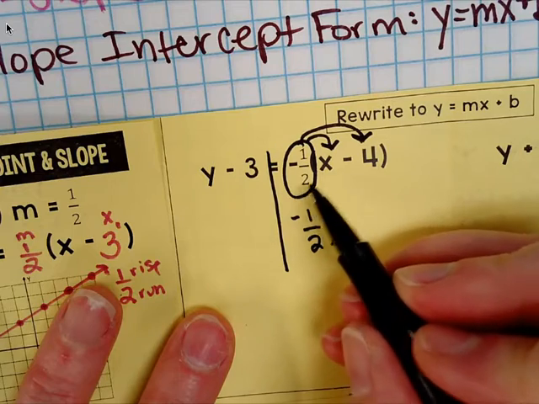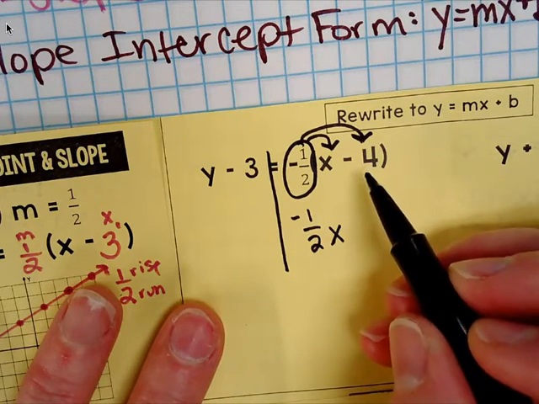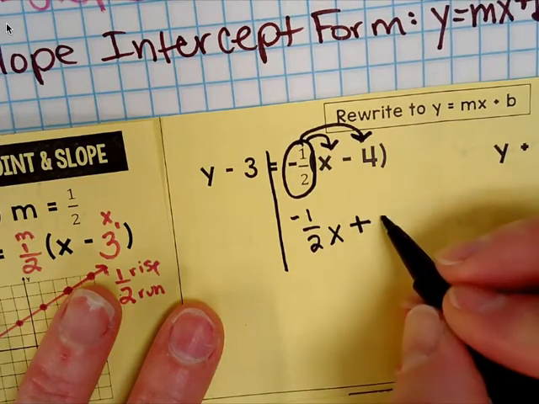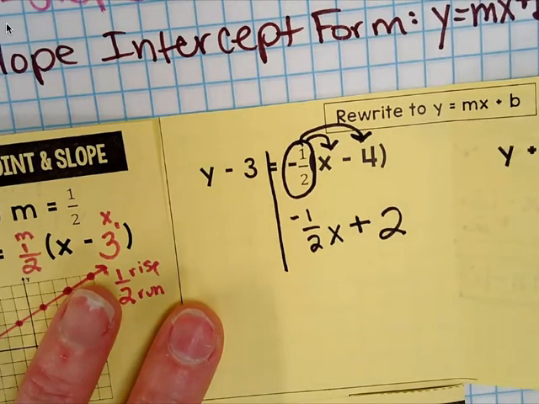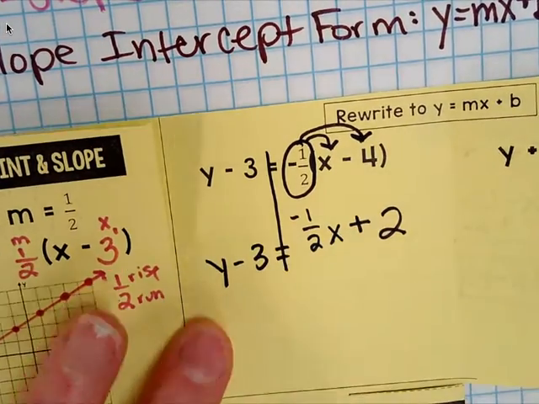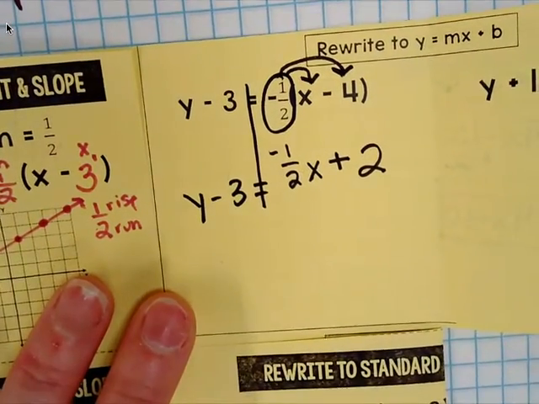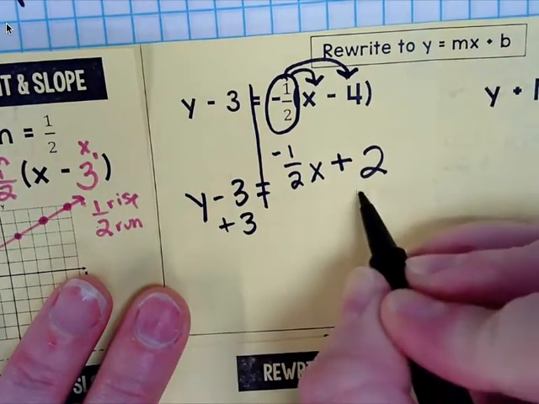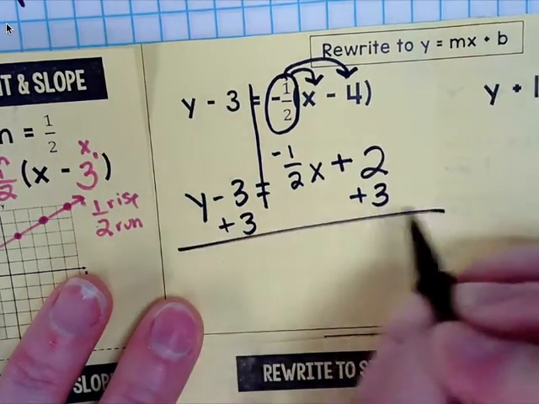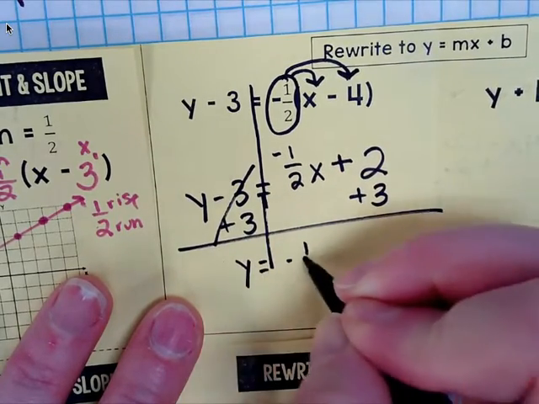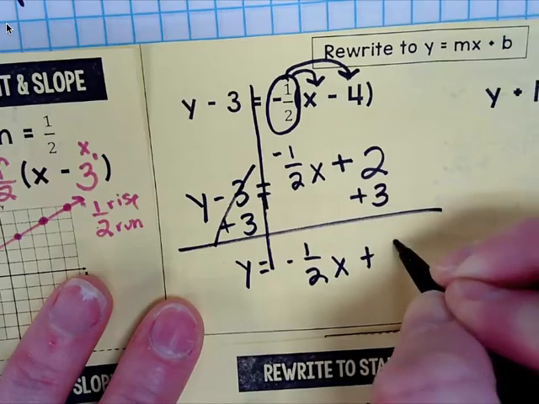Then negative 1/2 times a negative 4. Negative times negative becomes positive. Half of 4 is 2. And then just carry down the left side. Then we want to say y equals, so we need to move this minus 3 by adding 3, and always put it under the like term. So we get y equals negative 1/2 x plus 5.